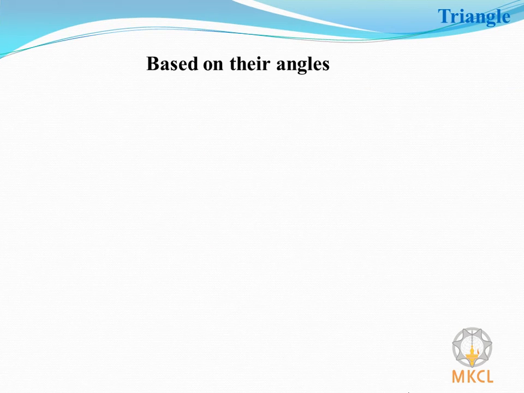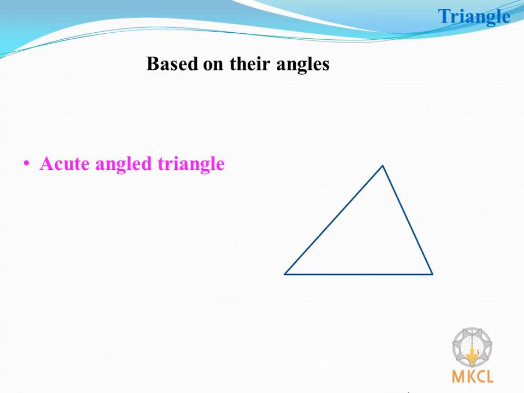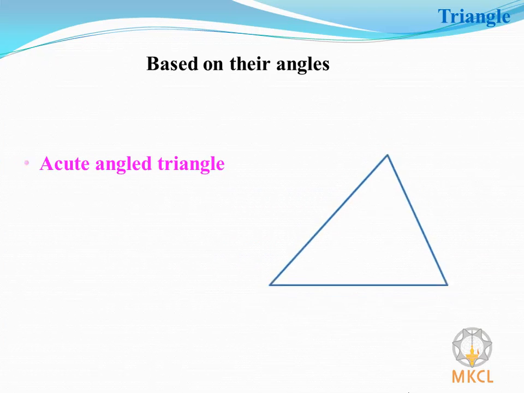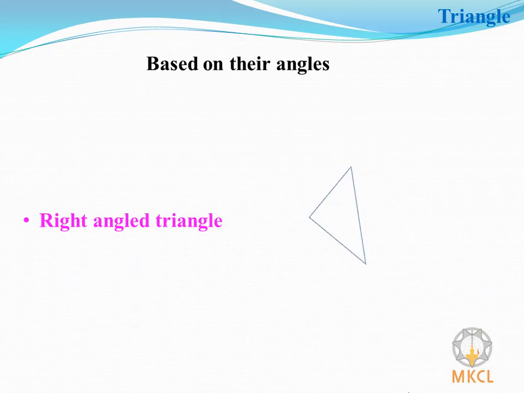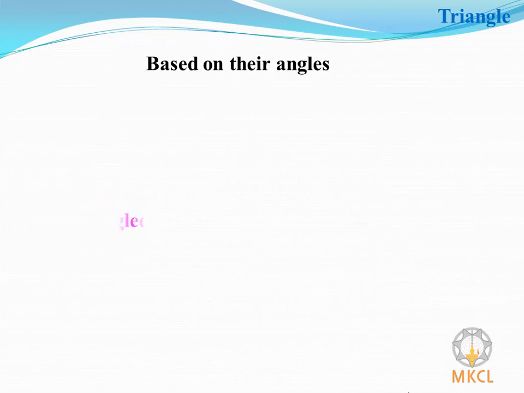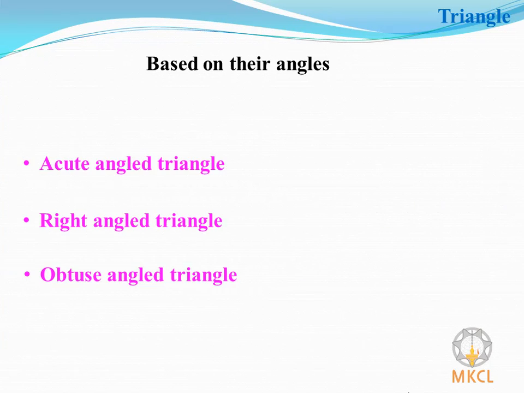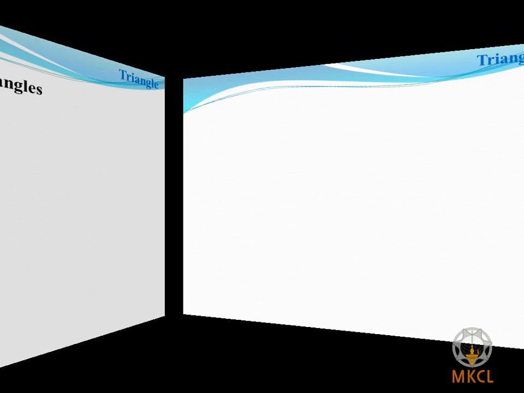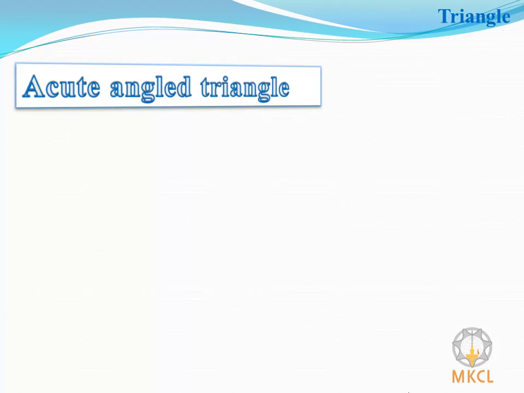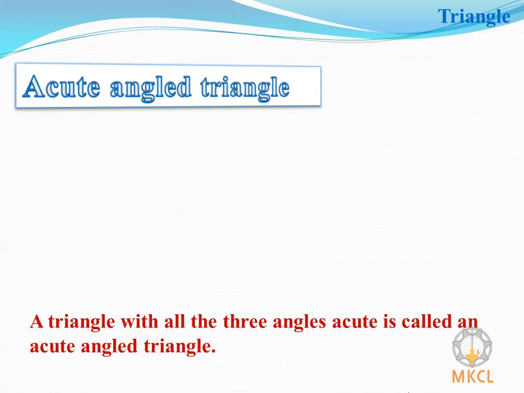Now based on their angles, these are three types: acute angle triangle, right angle triangle, and third, obtuse angle triangle. Acute angle triangle.